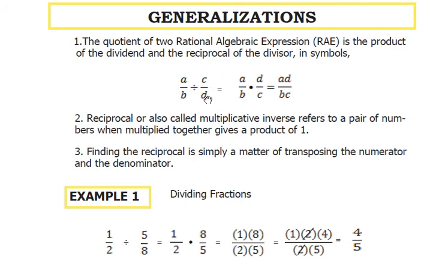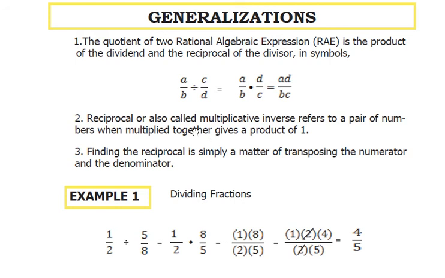In this case, C over D will become D over C. And once we have this, we can proceed with the multiplication of fractions, wherein in the numerator of the final product, we multiply the numerator times the other numerator, all over the denominator of the first factor times the denominator of the second factor.